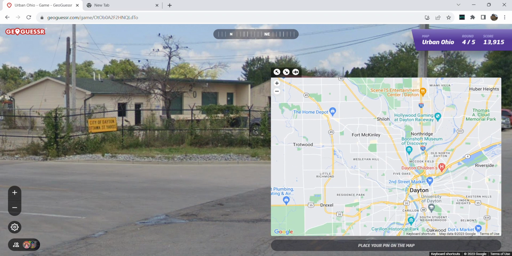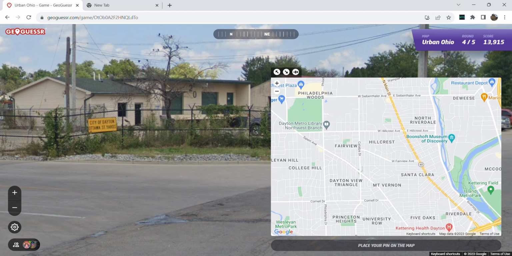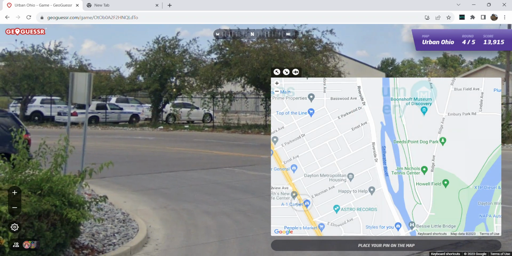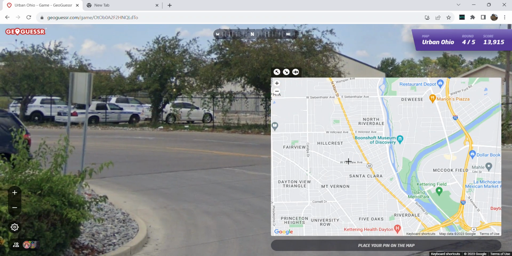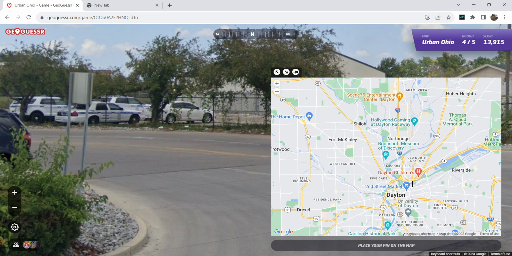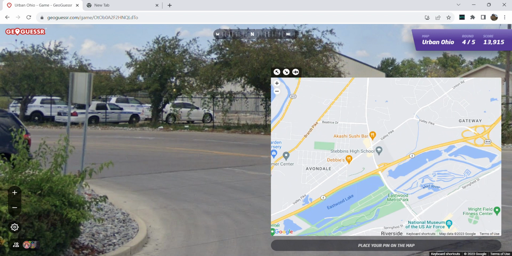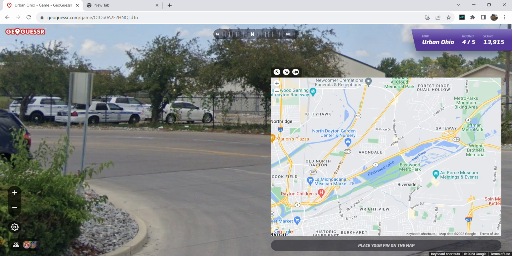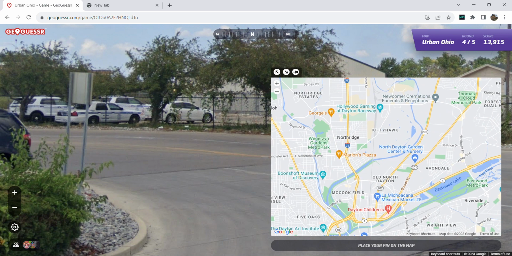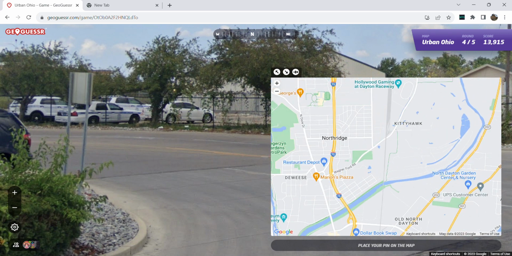The view over there towards that highway, though, really made me think that we're somewhere closer to the city of Dayton, like along one of these rivers. So that's where I would want to focus some of my attention here.